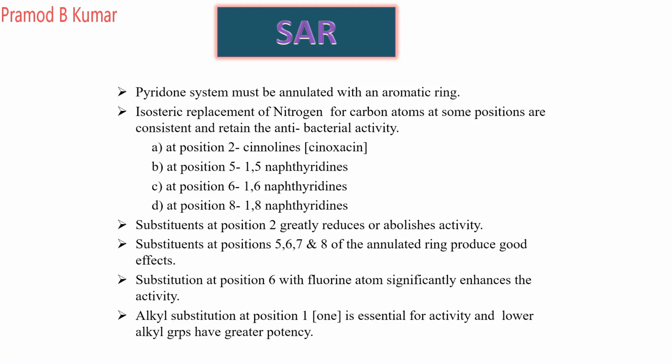If you substitute a carbon at the fifth position by a nitrogen, it is known as 1,5-naphthyridine. If you substitute a carbon at the sixth position with a nitrogen, then it is called 1,6-naphthyridine. And if you substitute a carbon with a nitrogen at the eighth position, then it is known as 1,8-naphthyridine.